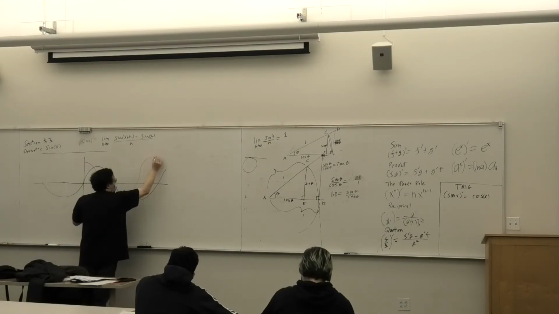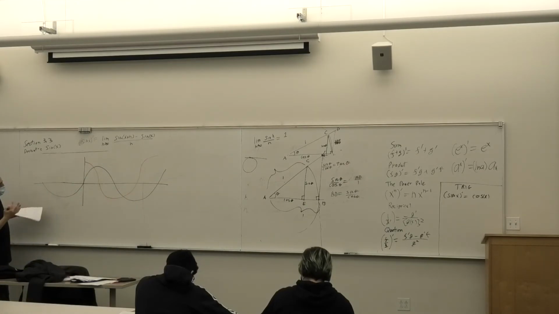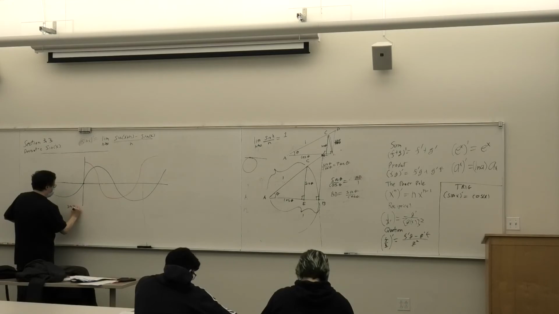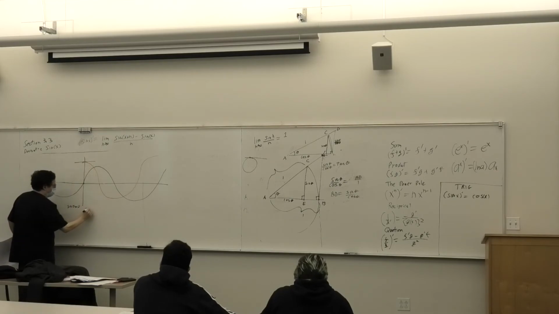All right, let's see if we can notice something about this that makes sense. This point, 0, sine of 0 equals 0. But here, think of it, this is the peak of the cosine.